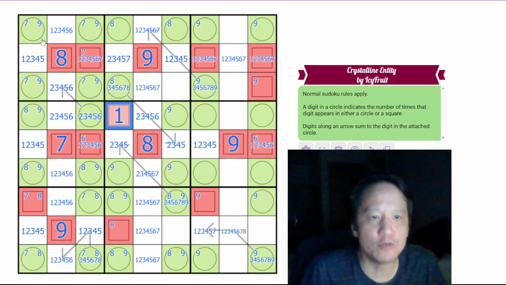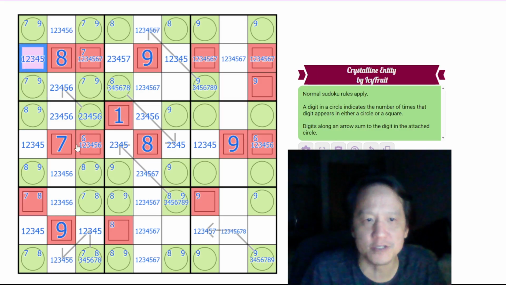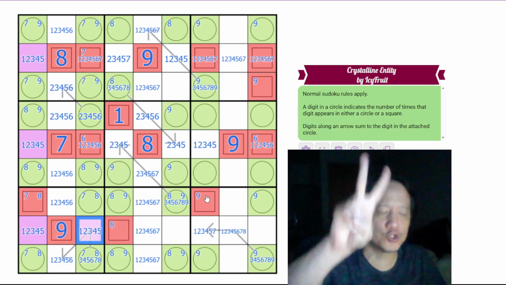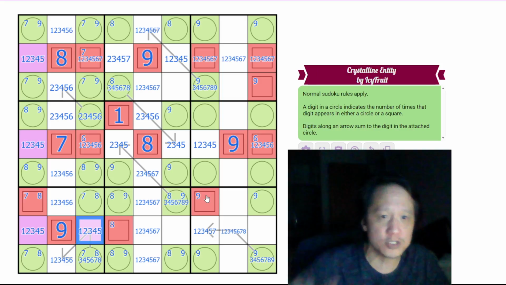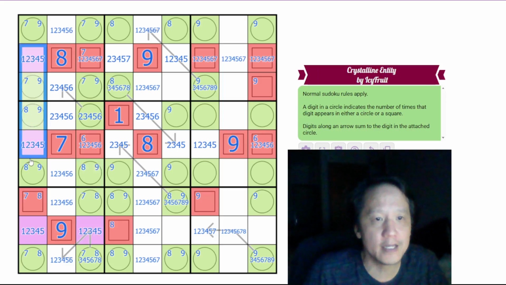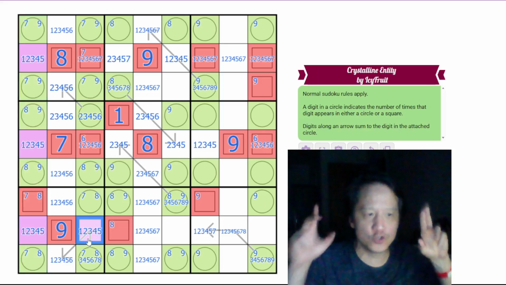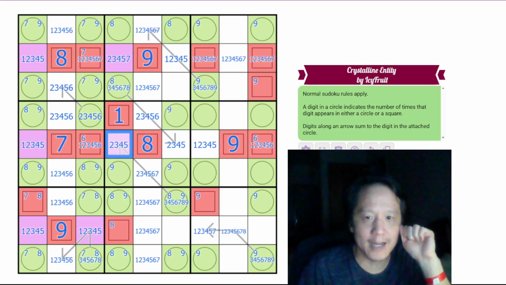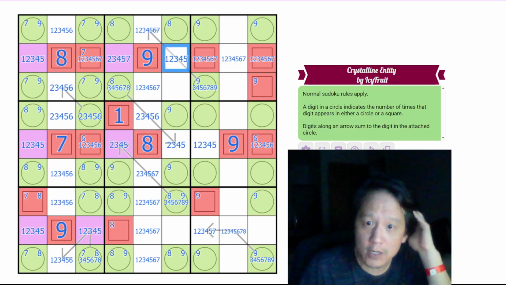So, okay, using that same logic, where are the 2s? 2 can only appear in 2 circles and squares. So in these columns, where are the 2s, assuming they are not in the circle or squares? It has to be here and here. This would be actually not this. It's this one and this one.